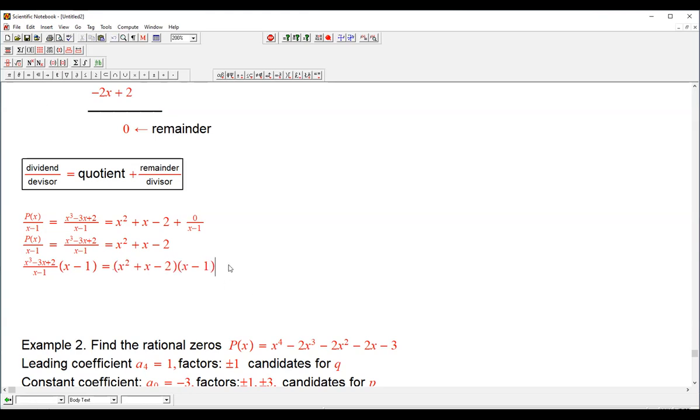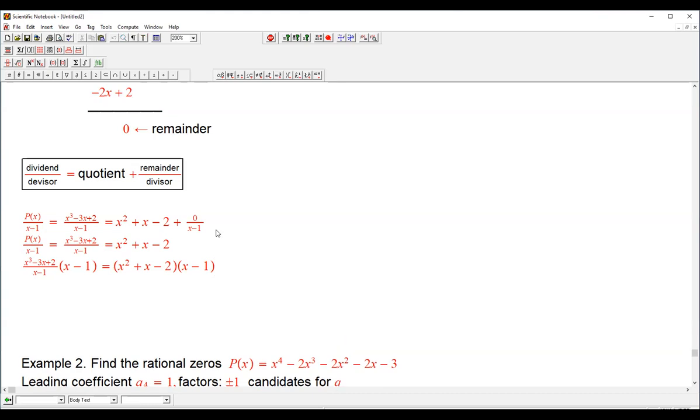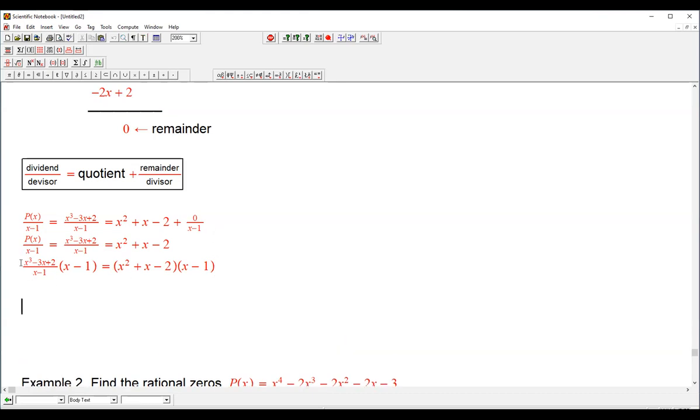Of course, x cannot be equal to 1 in this case. So in the end, we get the original p of x is equal to x minus 1 times that. You can put this in the front, it doesn't matter. So p of x is eventually factored in that form.